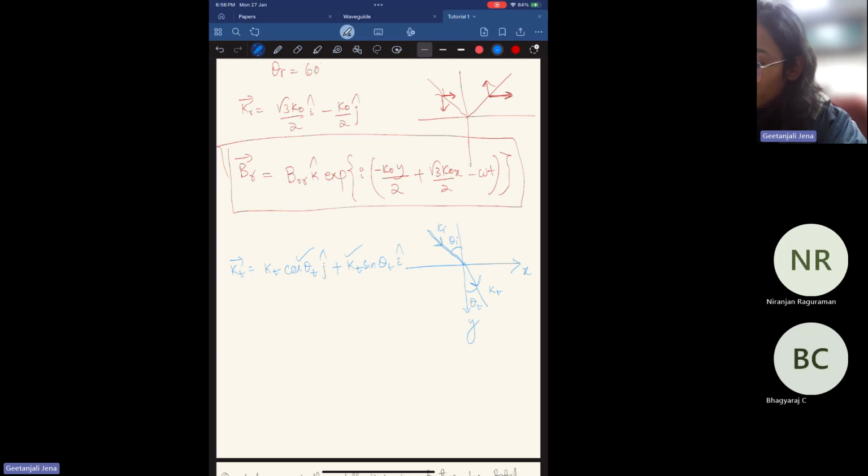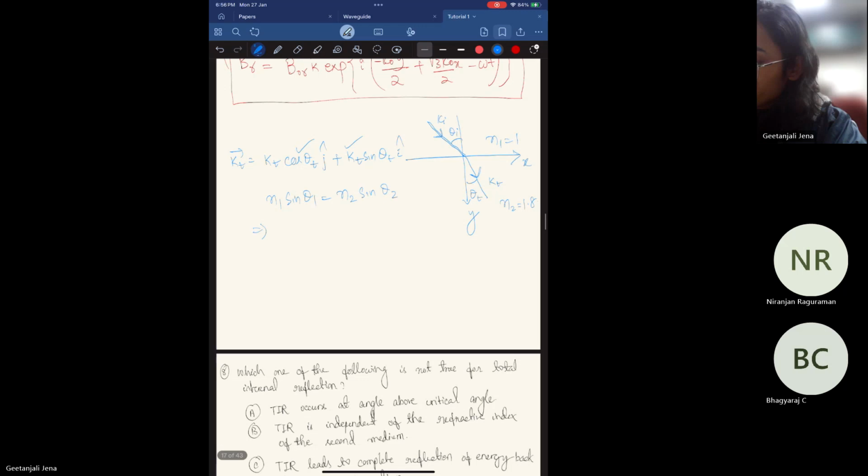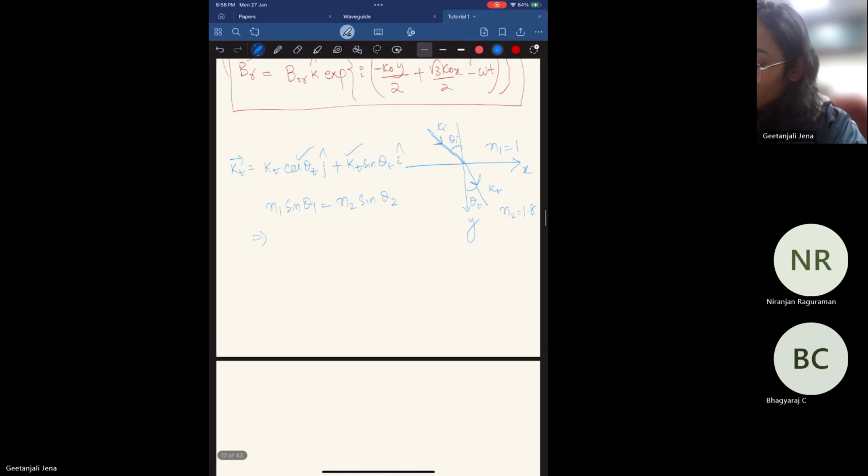To find this, you can use Snell's law, that is n1 sin theta 1 equals n2 sin theta 2. n1 is 1 here, n2 is given as 1.8. So 1 into sin 60 is 1.8 into sin theta 2, which is theta t.